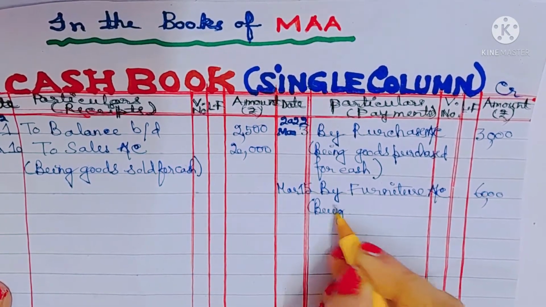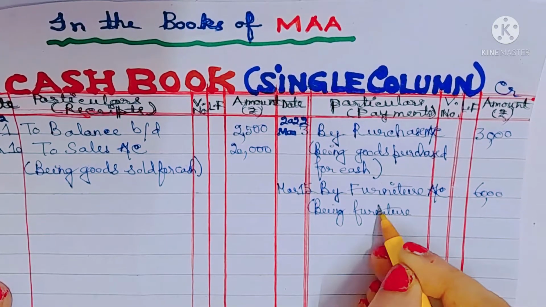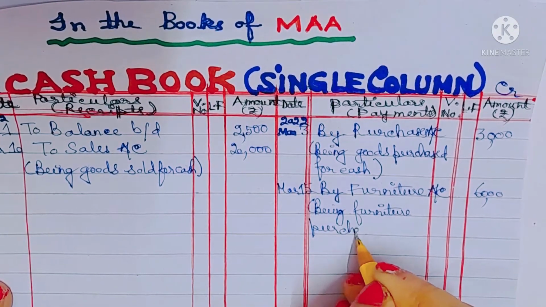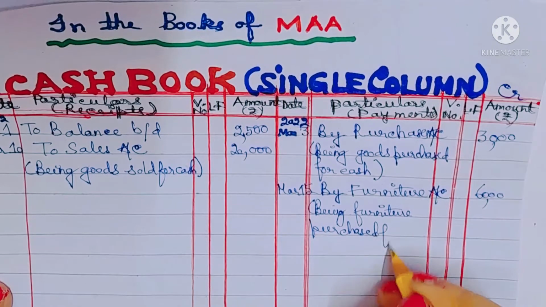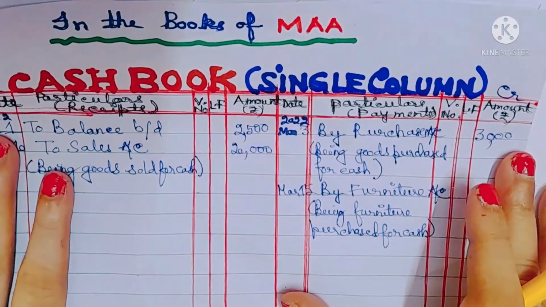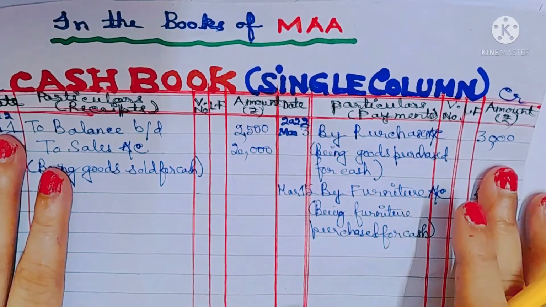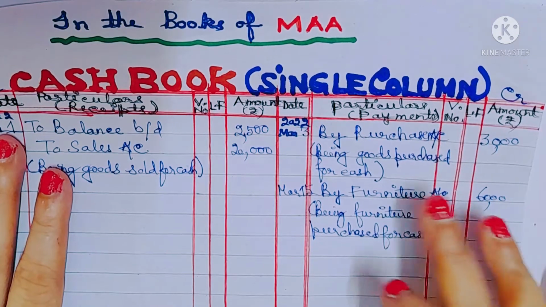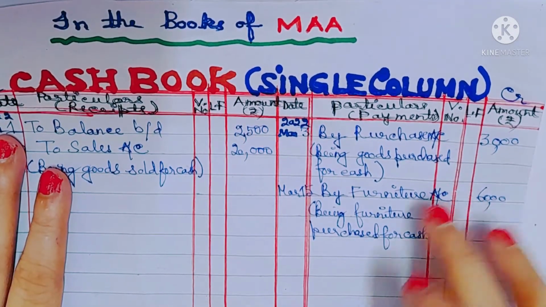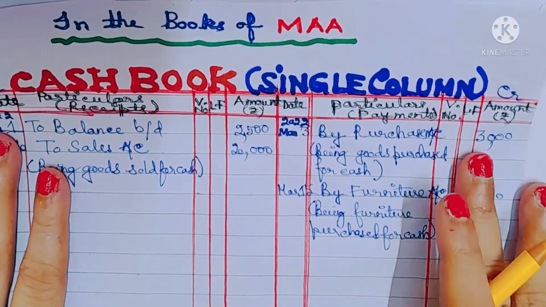Being furniture purchased for cash. Okay, and moreover, cash book is a real account, so what goes out is credit. So when Ma purchased furniture, cash goes out from the business, so 6,000 will be credited. Understood? So let's see the next transaction.